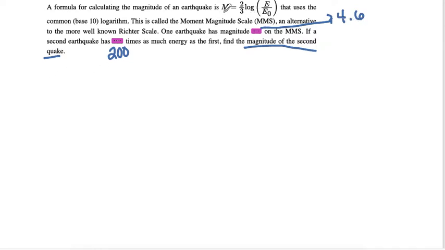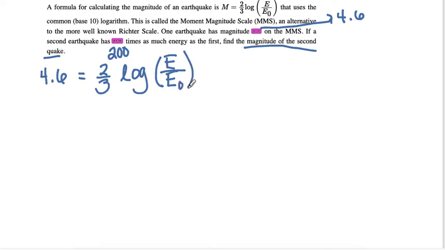Instead of writing M, I'm going to write 4.6, because that's our magnitude on the first earthquake, equals 2/3 log of E divided by E naught, or E sub 0.